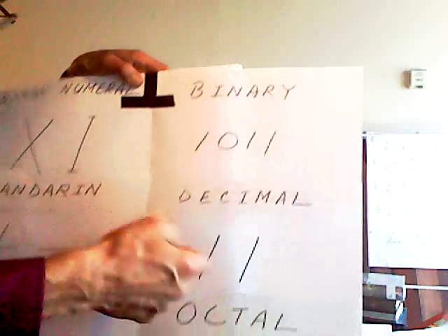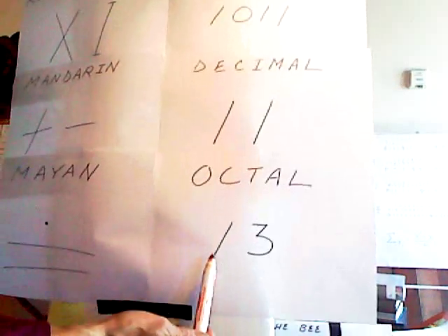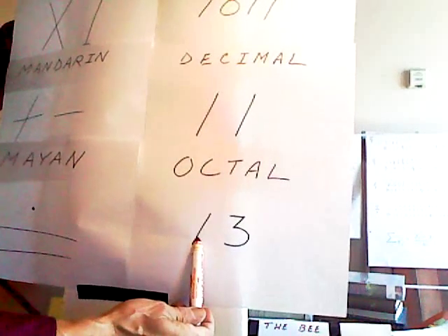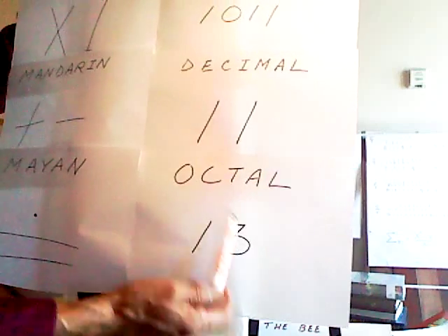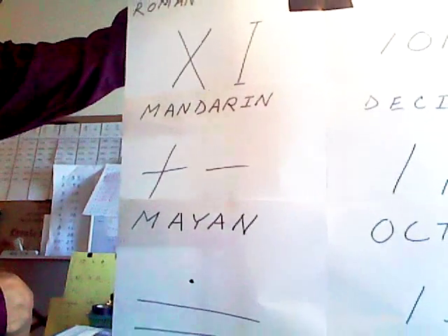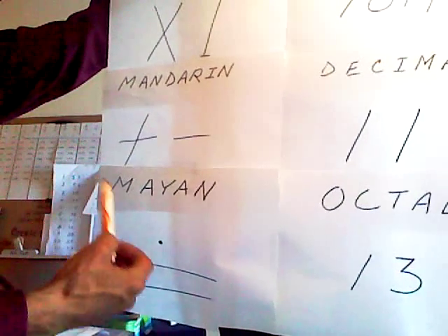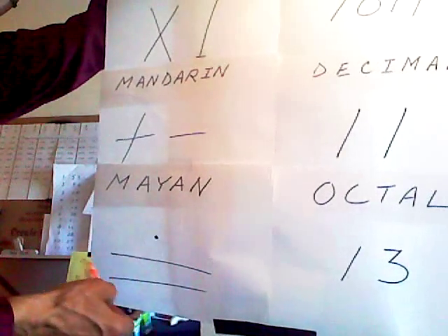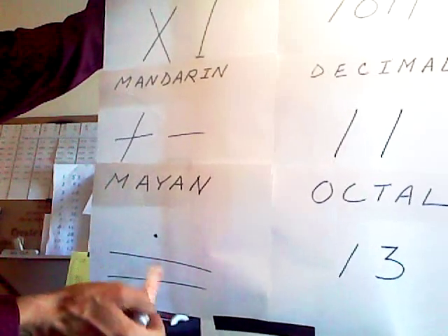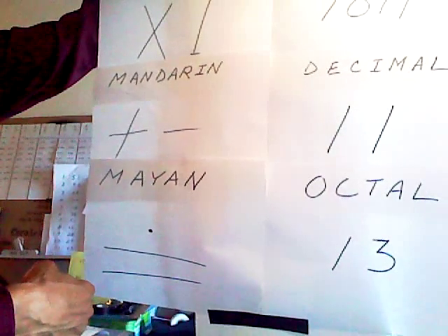We call that 11. And decimal. In octal, there's 8 and 3. Look at this. Some ancient stuff. That's Mayan. There's 2 lines going that way. 2 5s plus 1 is 11.